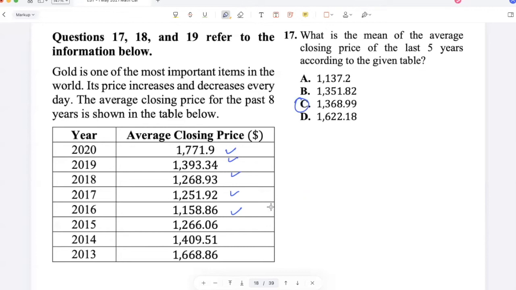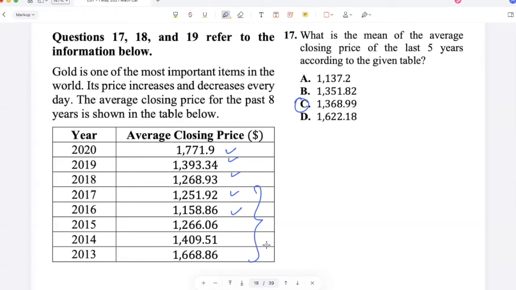But let's also find the answer with regard to these 5, because they could think of that as the last 5 years in the table. So yeah, 1251.92 plus 1158.86 plus 1266.06 plus 1409.51 plus 1668.86.